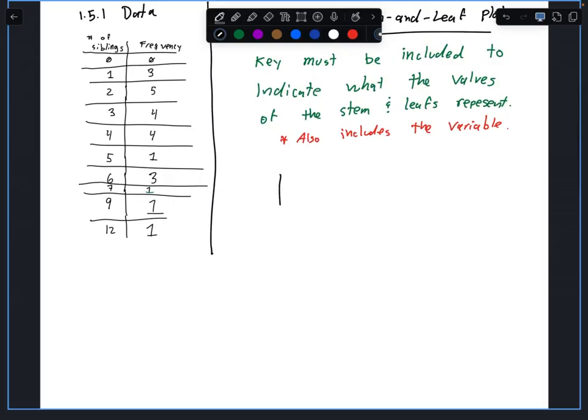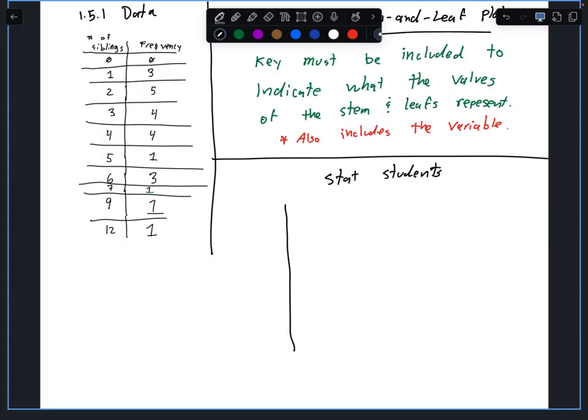So in this case, first off, this is about stat students. And we're going to place inside of here the lowest value, and it also includes the variable. Now this is going to be a very poorly done stem plot. It's a really easy one in essence.